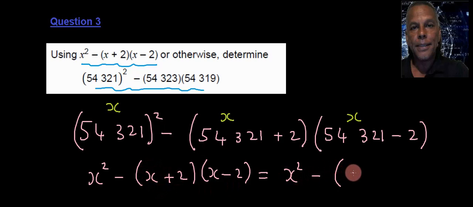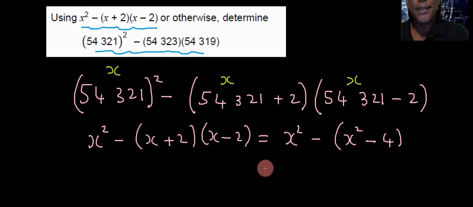So we square the first term, then minus, and we square the second term. Then simplifying, we can multiply the minus into the brackets. And here the x's squared will cancel. So the answer is equal to 4.